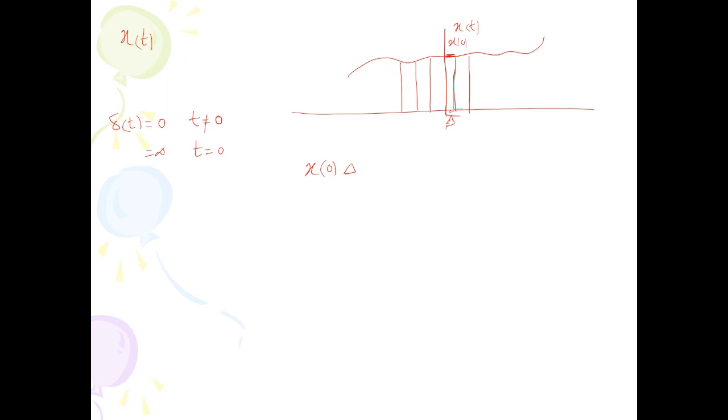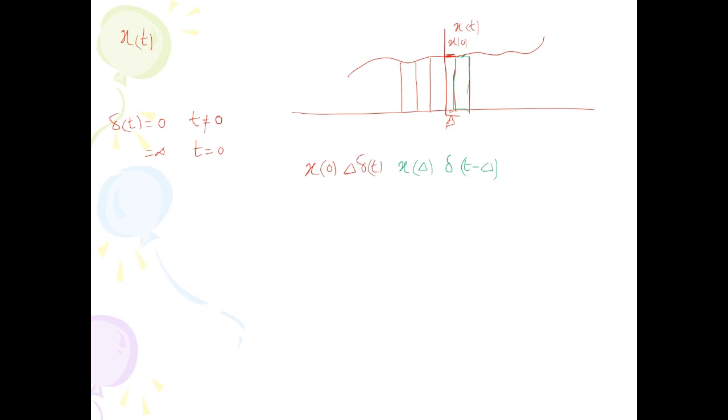And coming to this second portion, this value is x of delta into delta of t minus delta. In the previous case, it was x of 0 into delta of t at t equal to 0.